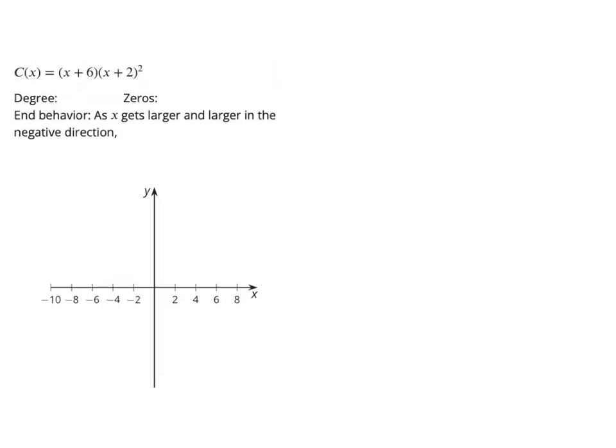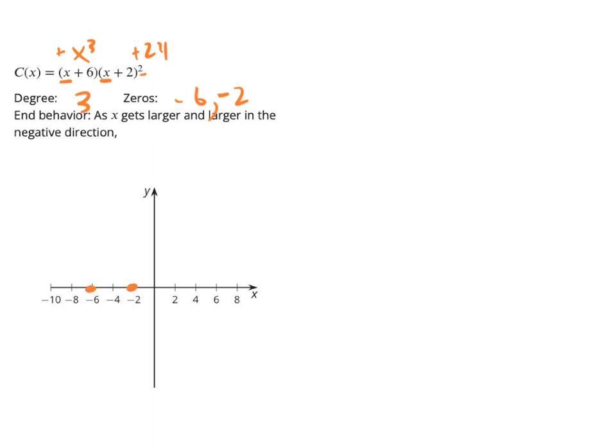Okay, looking at our next one. C. X plus 6, x plus 2 squared. All right, so we have positive x cubed. 2 squared is 4. 4 times 6 is 24. Our degree is 3 because x squared times x makes x cubed. Our zeros are at negative 6 and at negative 2 because we got to switch the signs.